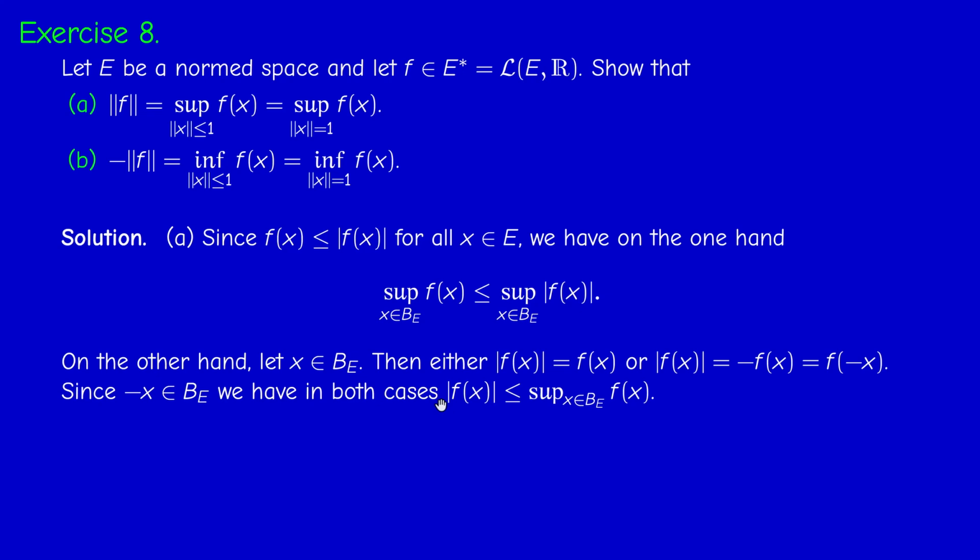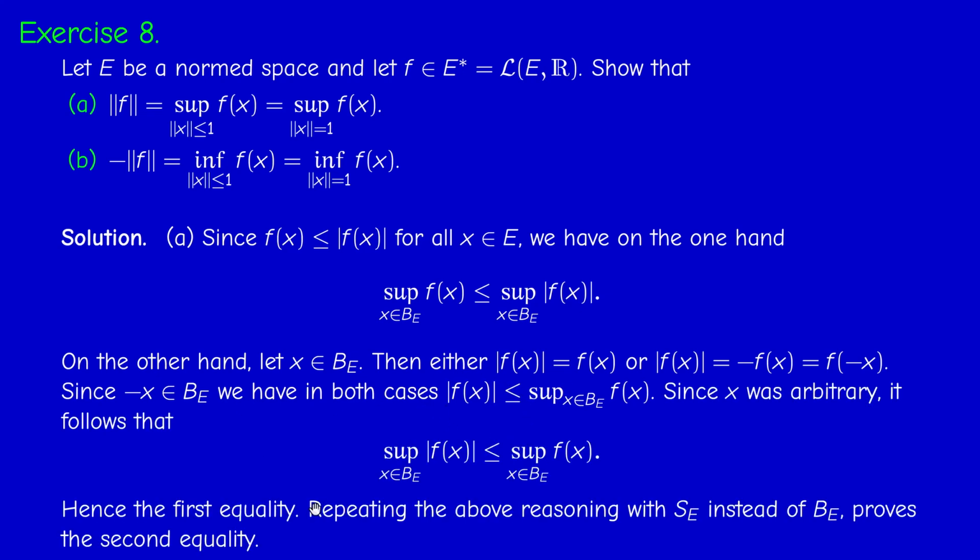So in both cases, the absolute value is less than the supremum of f(x) on the closed unit ball. So this is an upper bound of the absolute value. Therefore, we get the reverse inequality, and therefore we have equality.